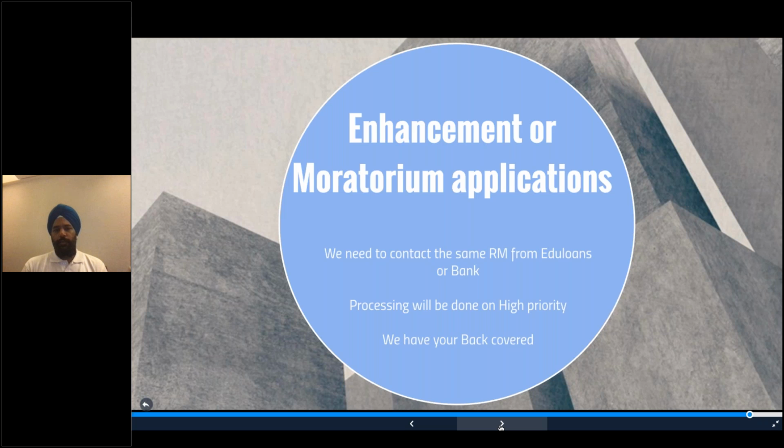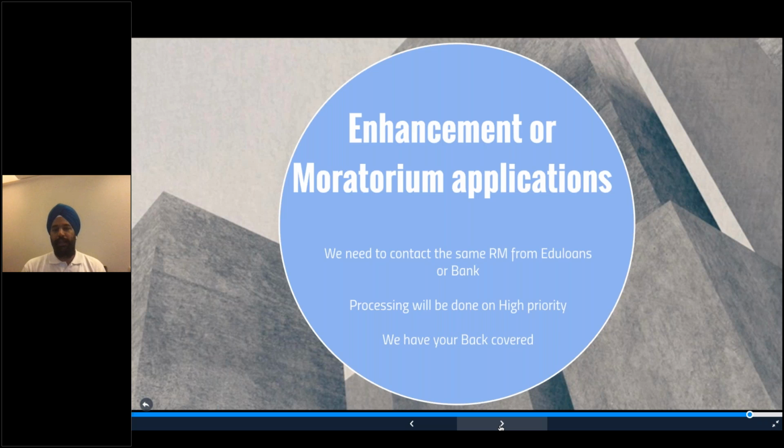Now, another thing we would want to highlight, say in terms of Prodigy, is that Prodigy has a functionality wherein they can enhance your loan. So all the students who had taken a previous loan from Prodigy, and maybe 50% of the loan got sanctioned rather than 100%, and they are short by that 50%.